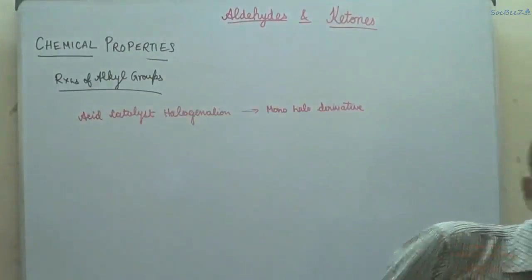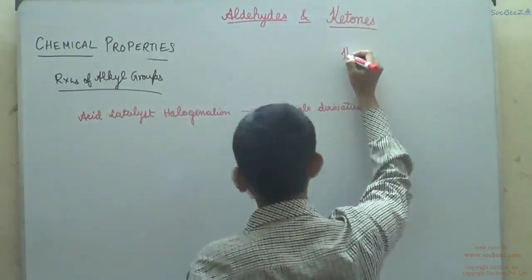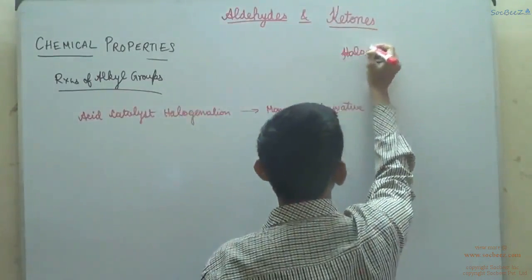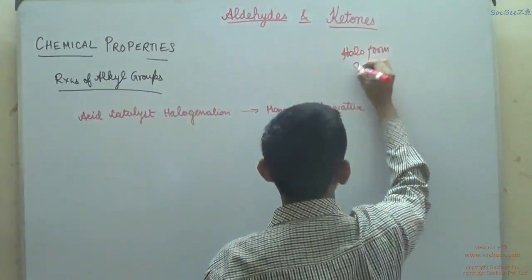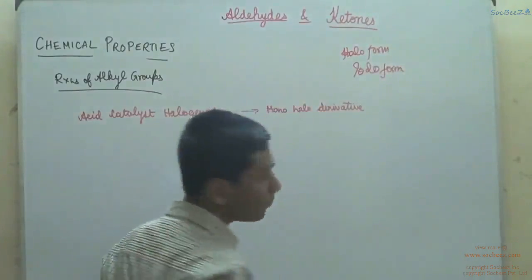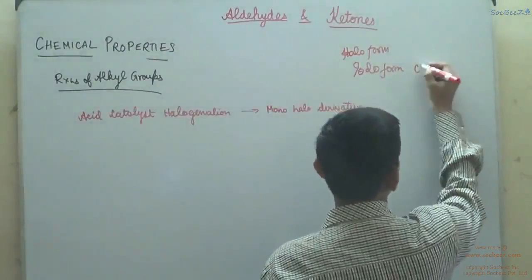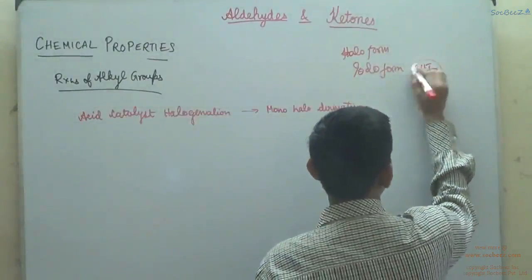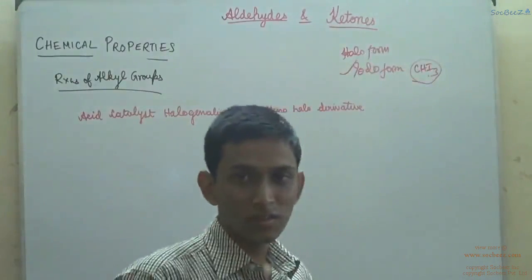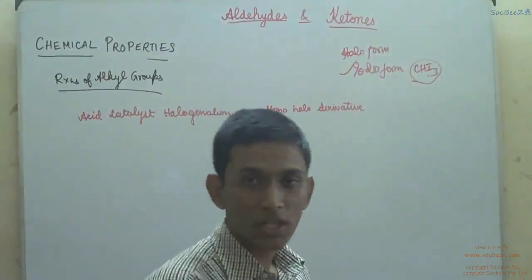Remember, I'm not discussing one more important reaction of this chapter, which is the haloform reaction. We have the haloform reaction and basically the iodoform reaction, which is a test for carbonyl compounds, in which iodoform is formed as a yellow precipitate. That part will be discussed either in the previous chapter or in the next chapter, depending on where it is most convenient.